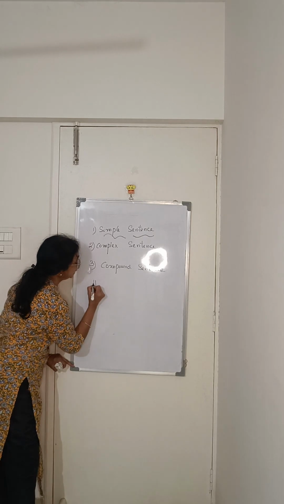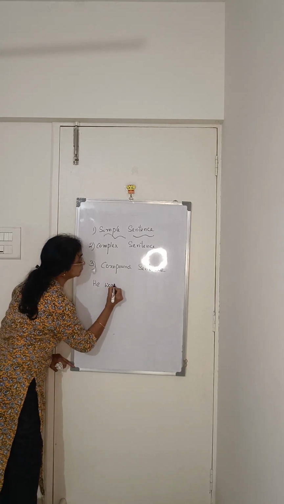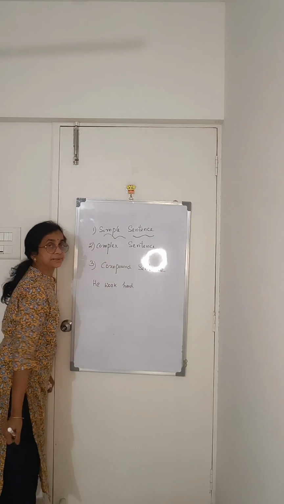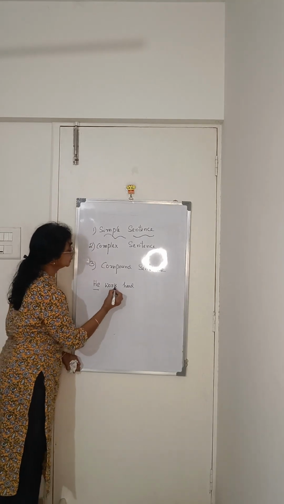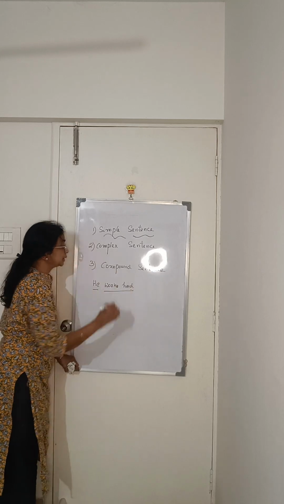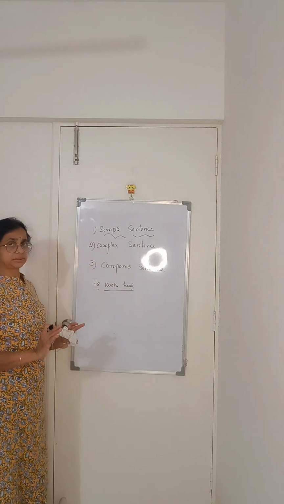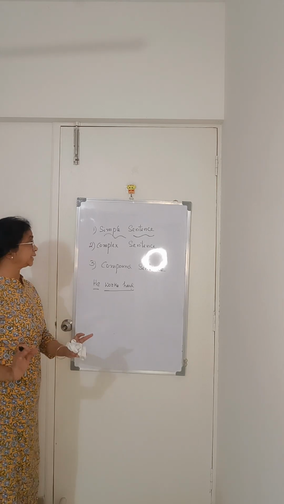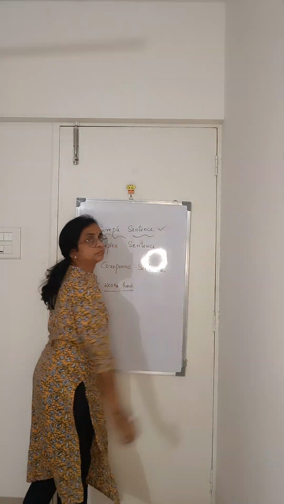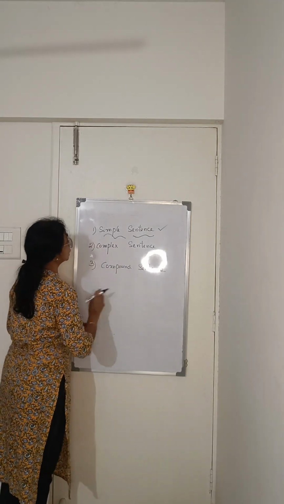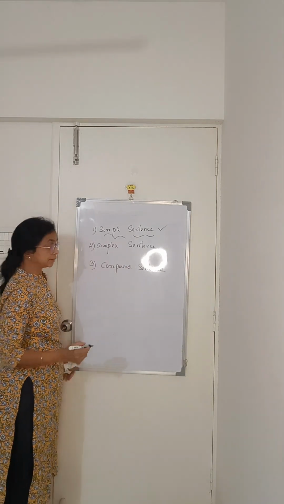He works hard. Simple sentence. He is the subject, works hard is the predicate. One subject plus predicate is called a simple sentence. Understood? Then next comes the complex sentence.